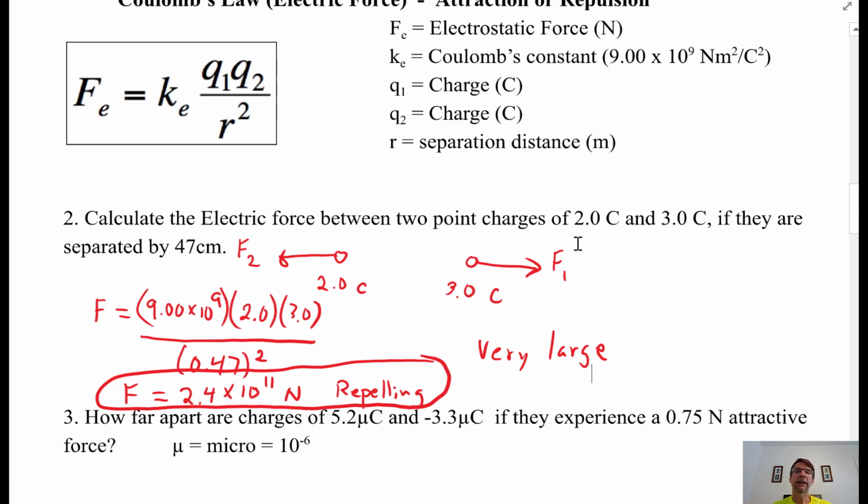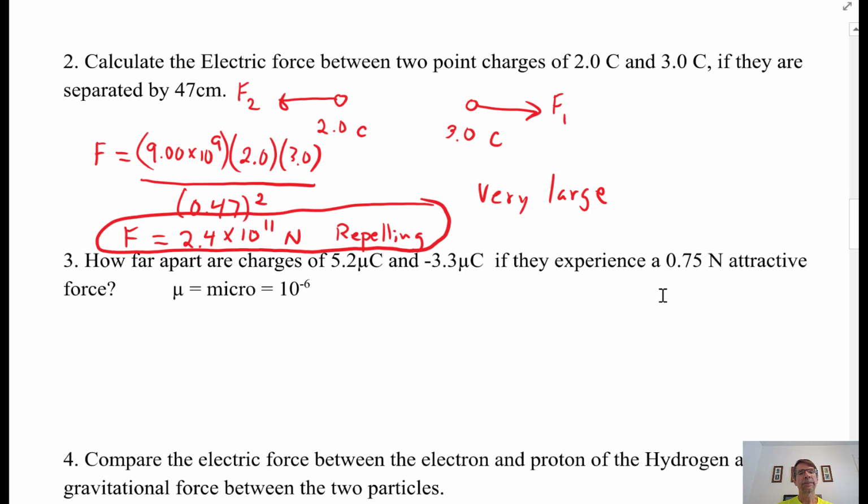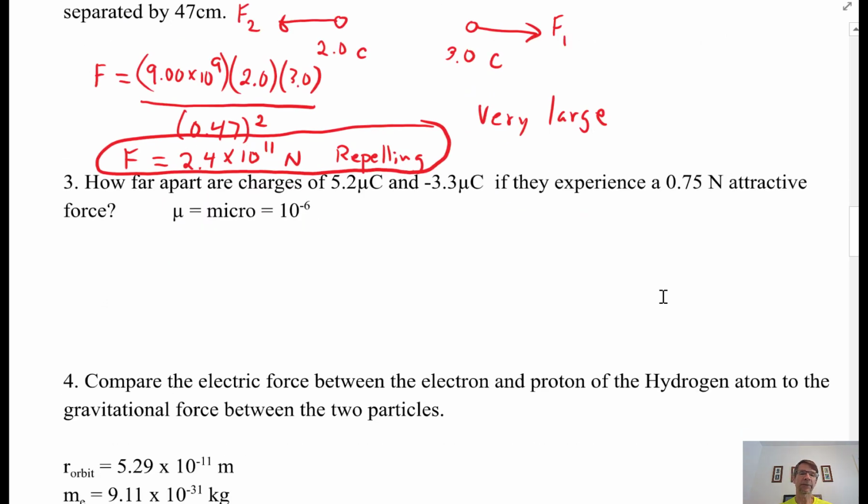Well, they are large if you have 2 coulombs, because most things in life, as you'll see in the next few questions, like electrons in particular, are 1.6 times 10 to the negative 19th coulomb. So if you have 1 coulomb of charge, that's a lot of charge. That's a lot of electrons, or a lot of missing electrons. So a coulomb by itself is a very large charge. I'm just kind of pointing that out.